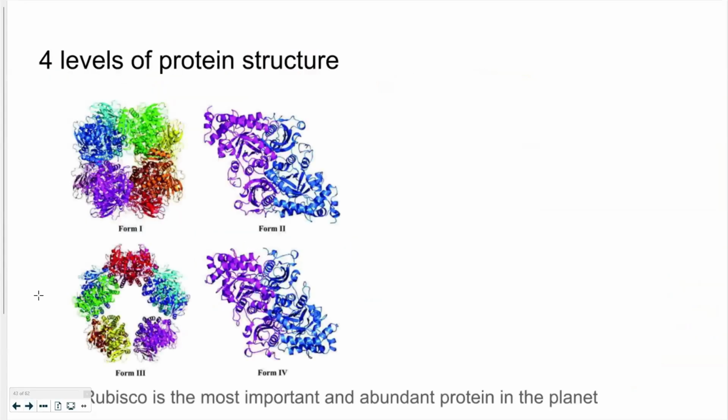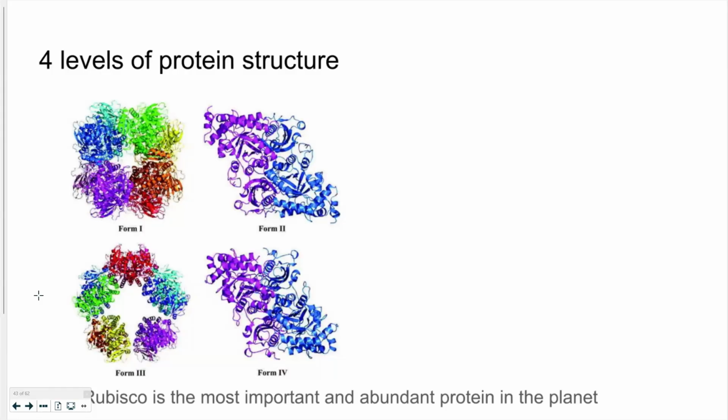All right, so let's talk about these four levels of protein structure. What we're seeing here are modeled forms that this protein called Rubisco can take. Rubisco is what allows plants to do photosynthesis. It grabs the carbon dioxide from the atmosphere and starts it on its path to become glucose.